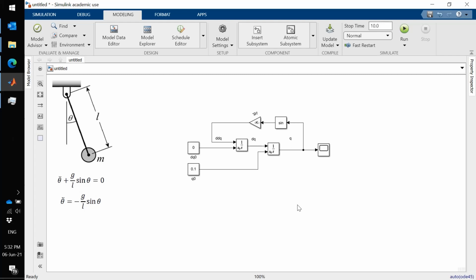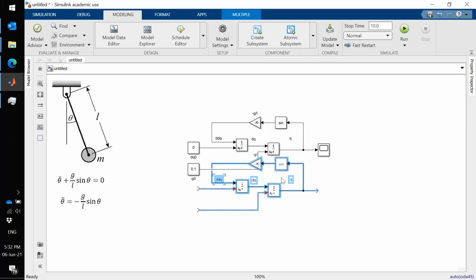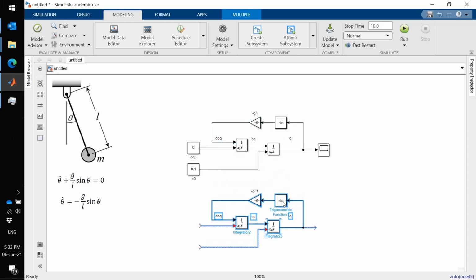Sometimes nonlinearity has major effect. To see the difference, I can compare this nonlinear model to the same model but using linear approximation. Let me duplicate the model here, copy and paste. Right here.